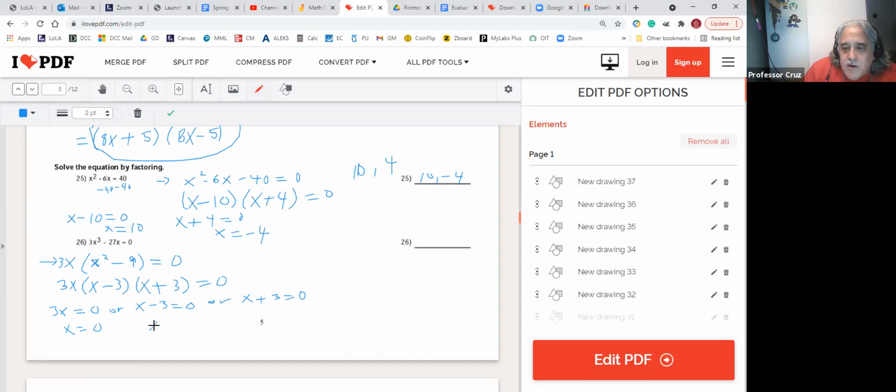So x is equal to 3. All right, so there's the 3 solutions. That's a -3.